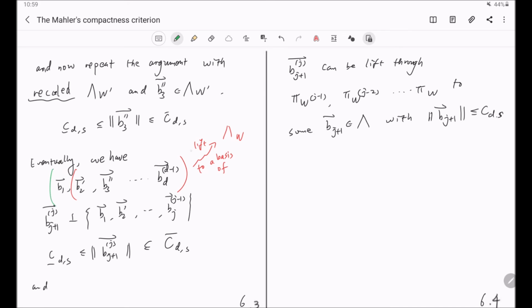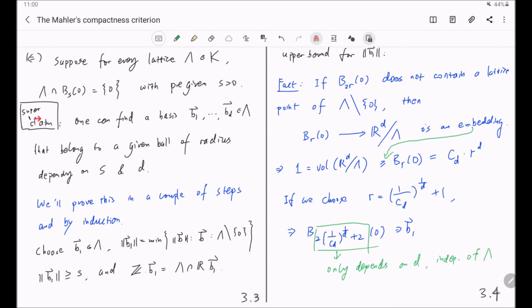So this part further lifts to some basis of lambda. And you know that each basis vector is bounded by a constant that only depends on D and S. And that finishes the proof of our claim 2, and thus our superclaim.